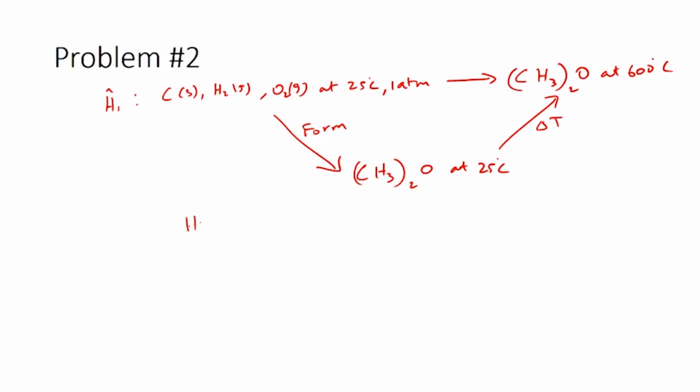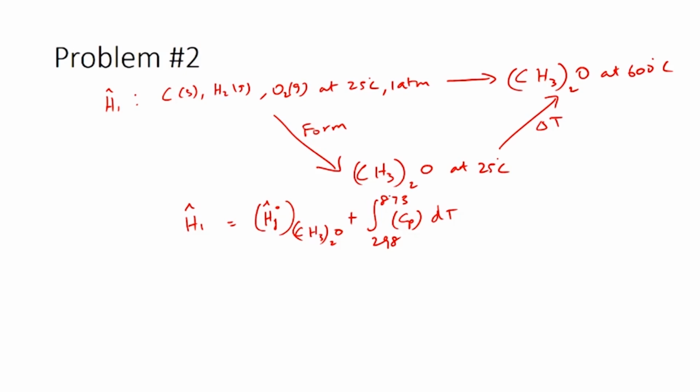So, this means H1 cap would be equal to the standard heat of formation for dimethyl ether plus integral 298 to 873 Cp of dimethyl ether dT. I am using 298 and 873 because the Cp value which has been given to us in the problem stated that the temperature used in the Cp value is in Kelvin.